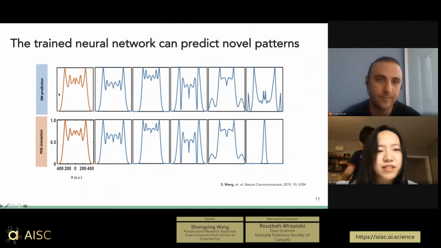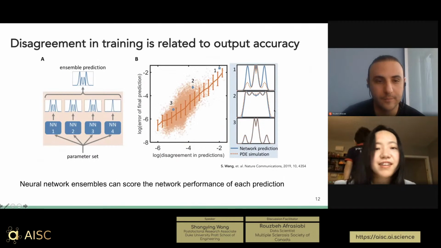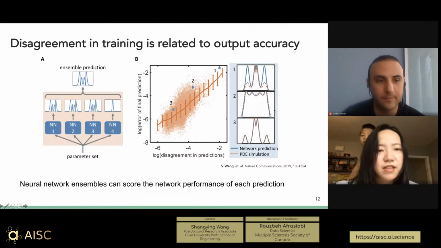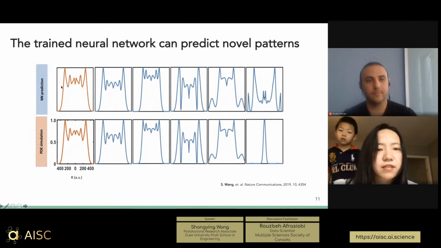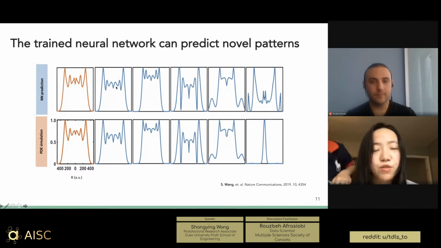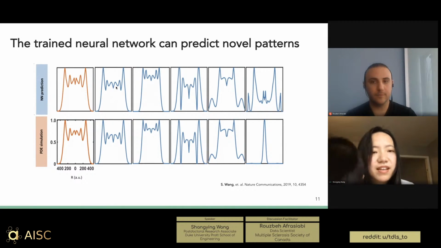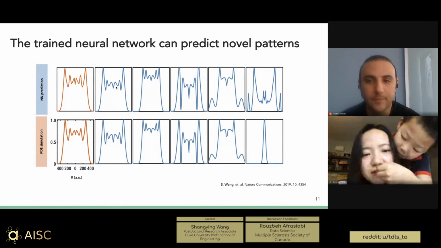The top one is the one that I generated using neural networks, and this is the one that exists in the neural networks. All these are the ones that I found that had three-ring patterns when I used the neural network to screen through the parameters.